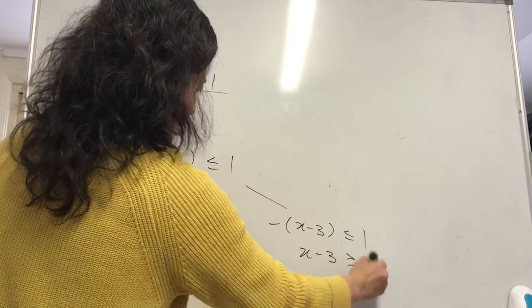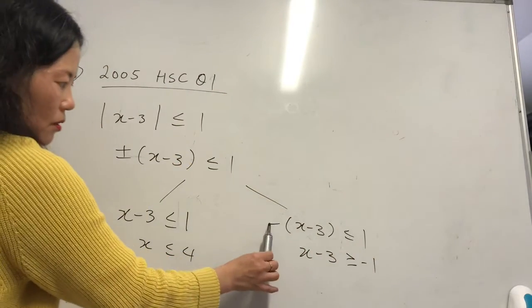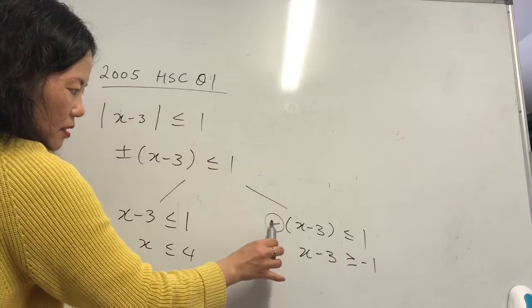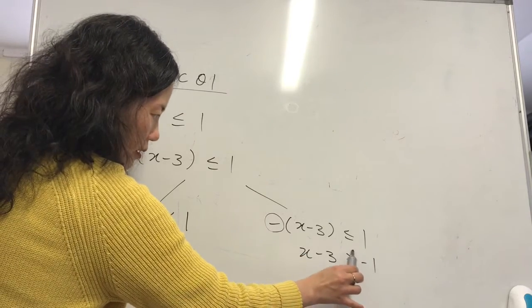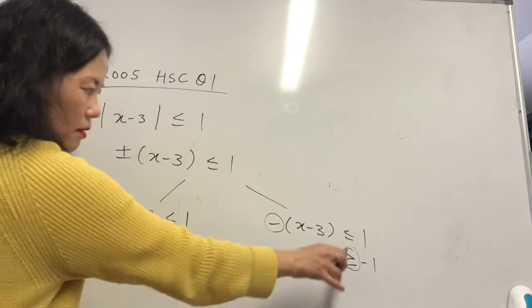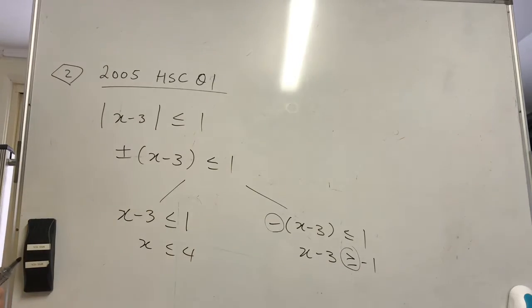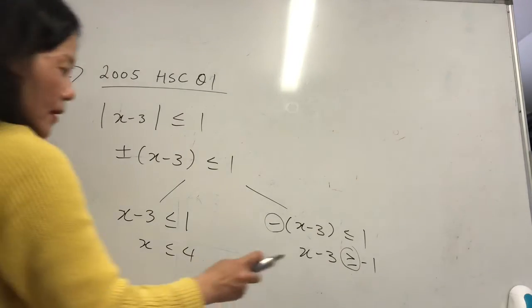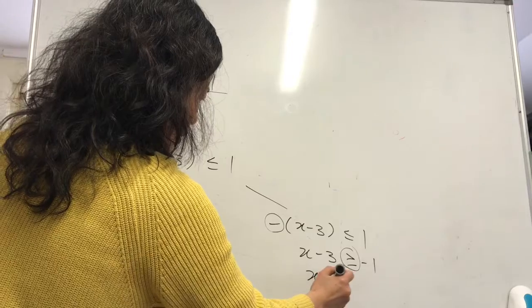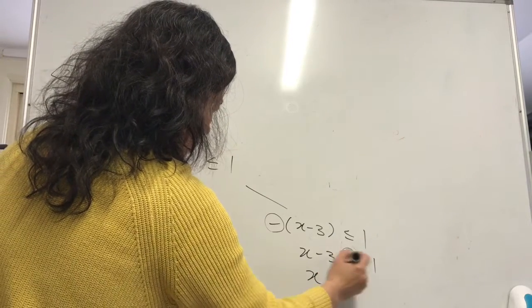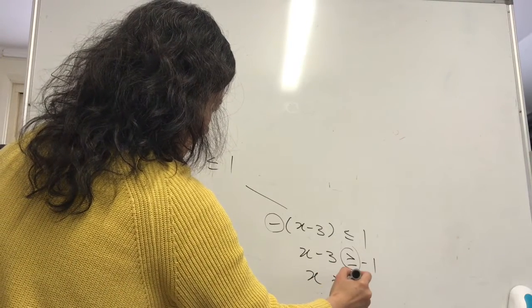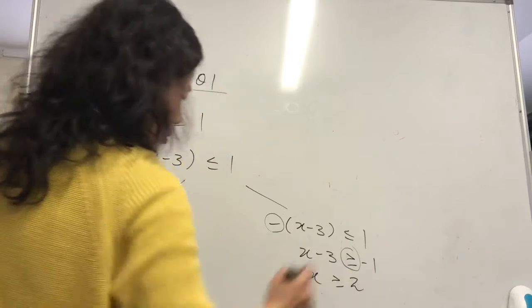Now I'm going to change this one. Now did you see what I've done here? That disappears, went to here, but then sign changed. Okay, remember that? So now what I've got is plus 3, so it'll be 2.